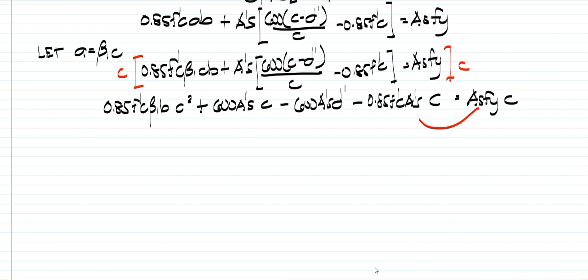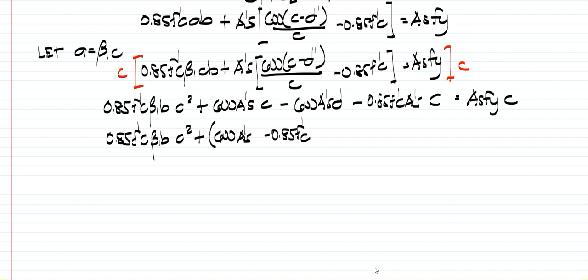So, we transpose this and combine it with the values that have the variable c. So that will be 0.85 f'c beta 1 b c squared plus 600 A's minus 0.85 f'c A's c, and this becomes minus As fy, since we transposed it, then c, minus 600 A's d' equals 0.